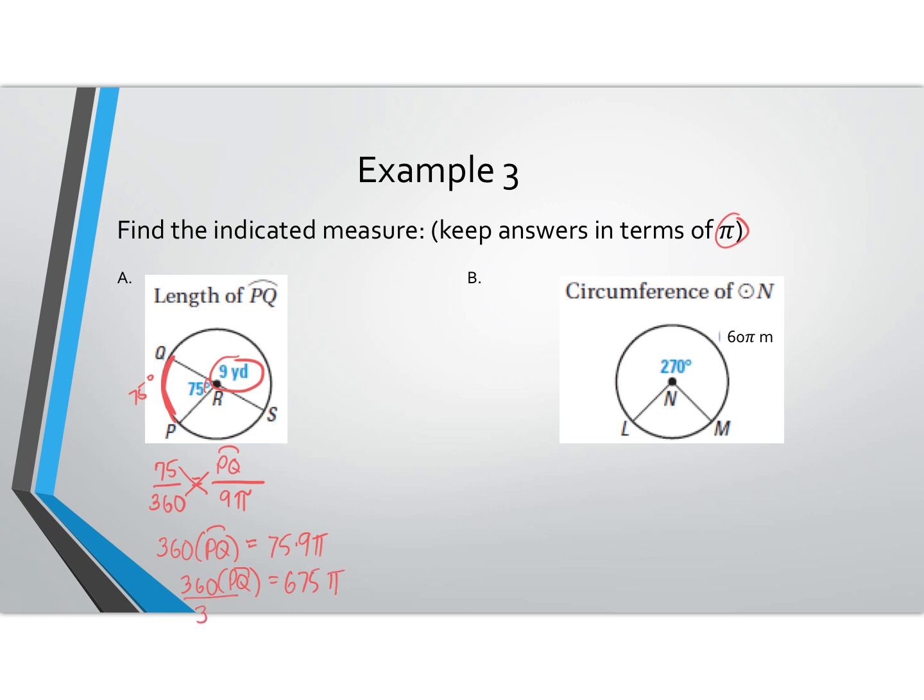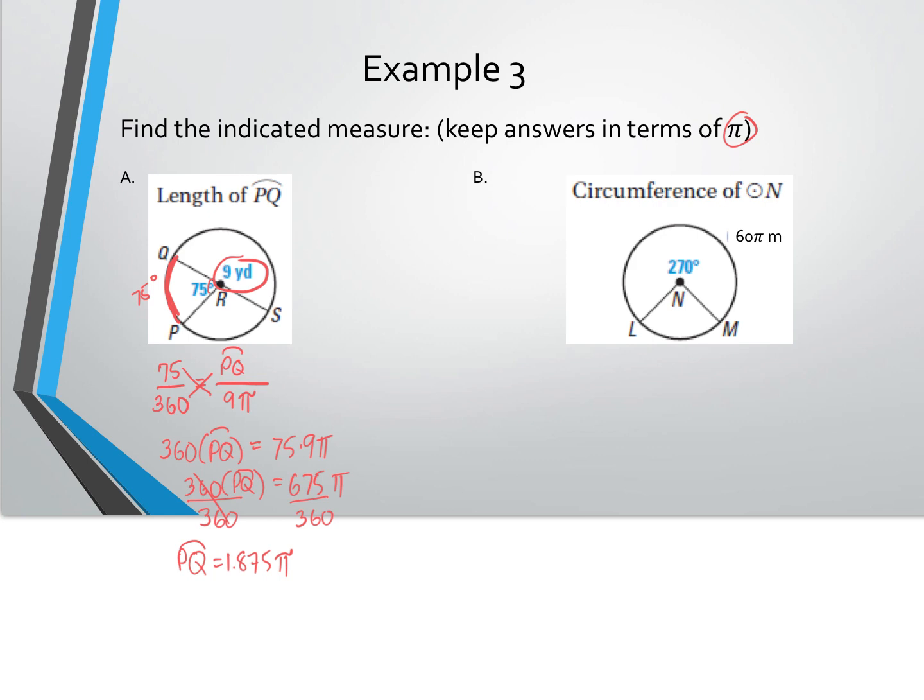If I divide both sides by 360, I get my final answer in terms of pi: arc length PQ equals 675 divided by 360, which is 1.875 pi. So that is how long PQ is.